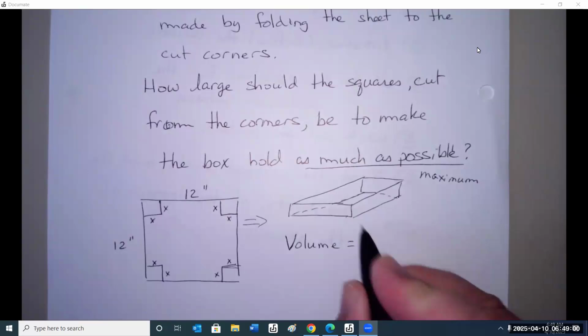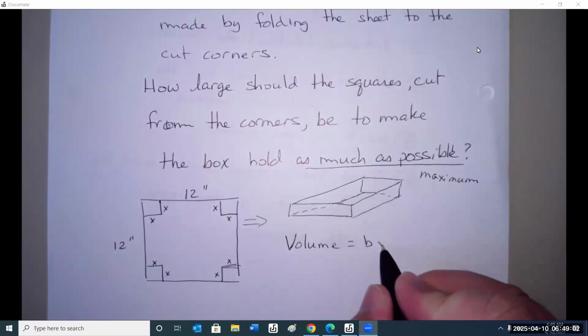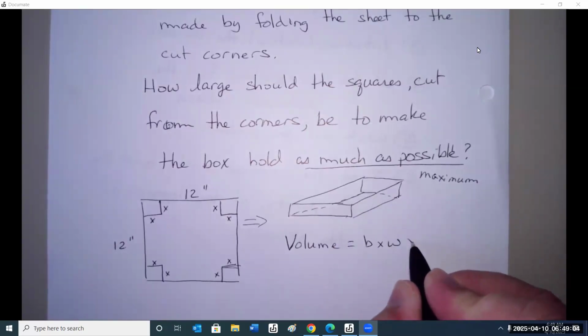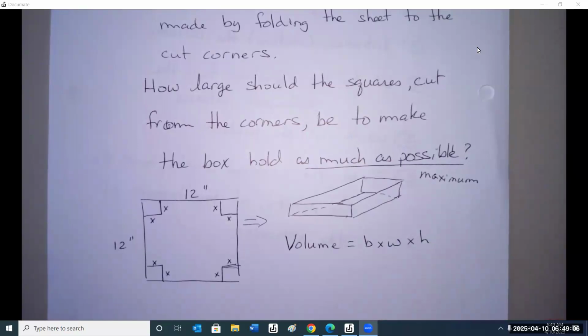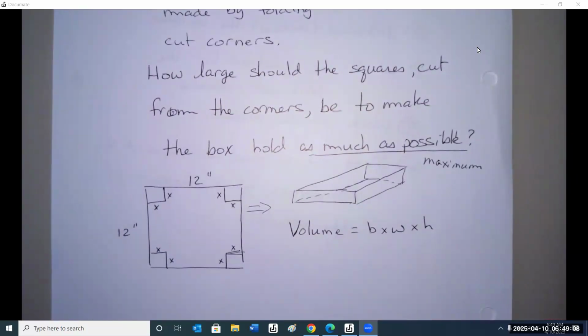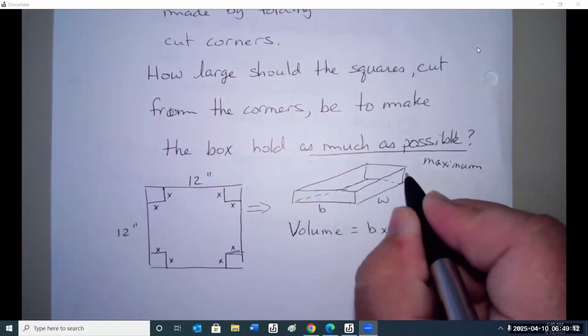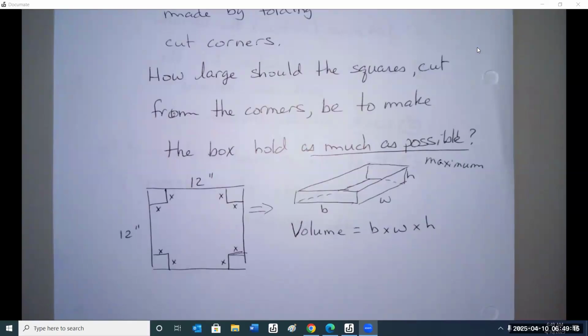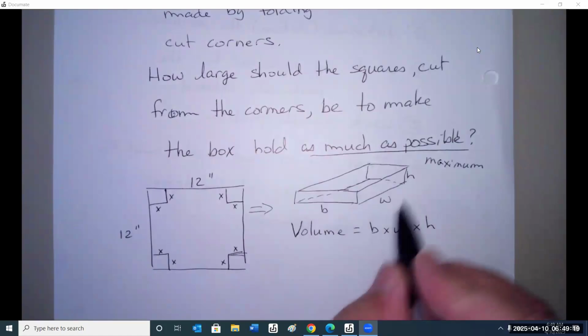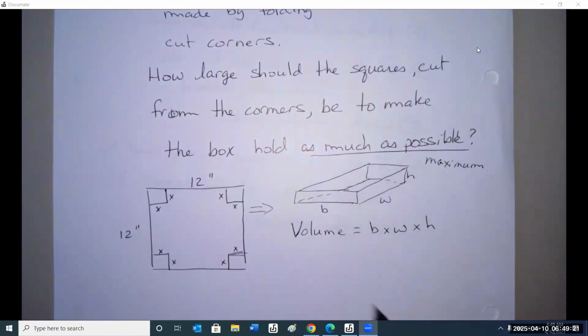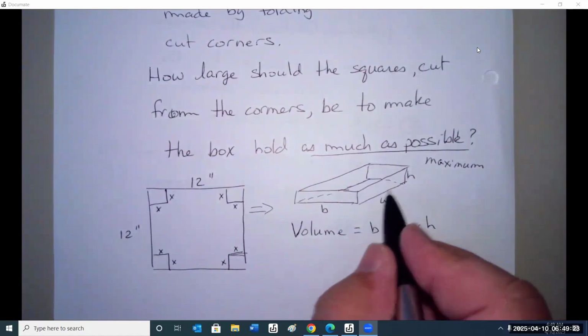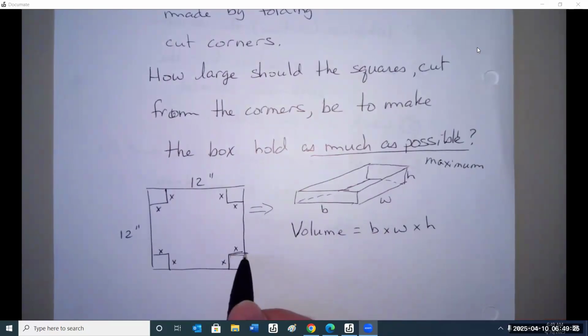And the formula for volume of a three-dimensional object is base times width times height. We have the base, the width, and the height. So the only thing we know we can define so far these variables is this wall was made by this cut.